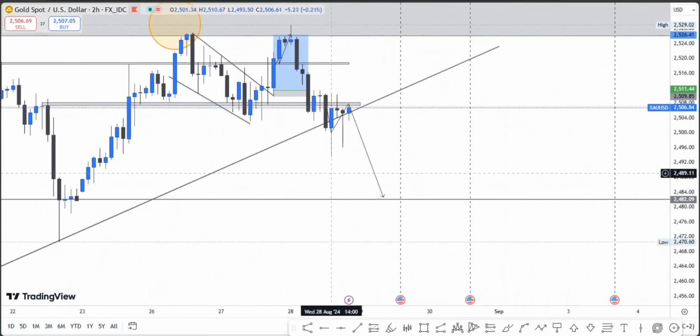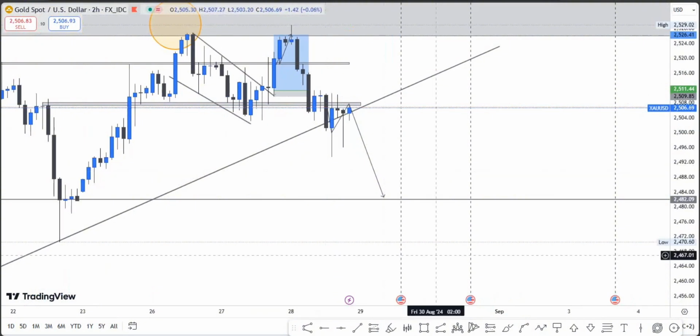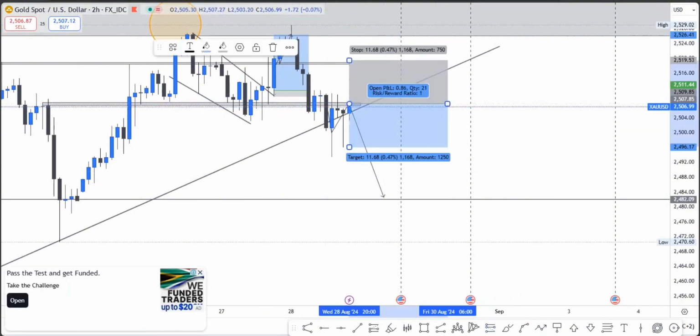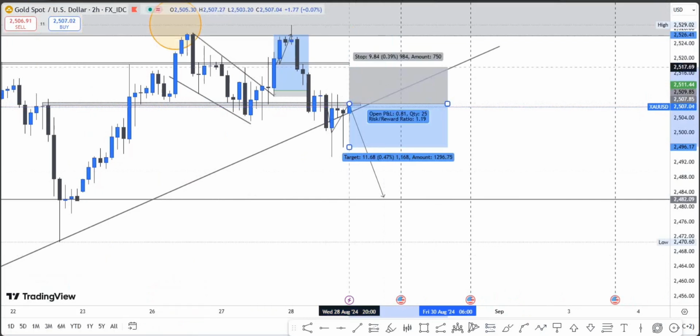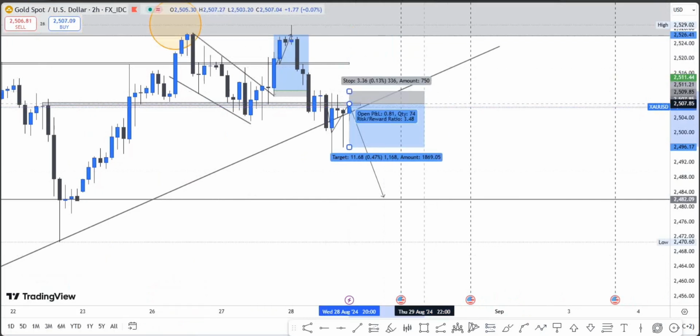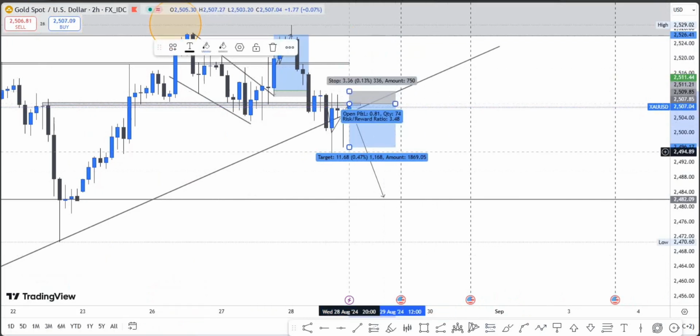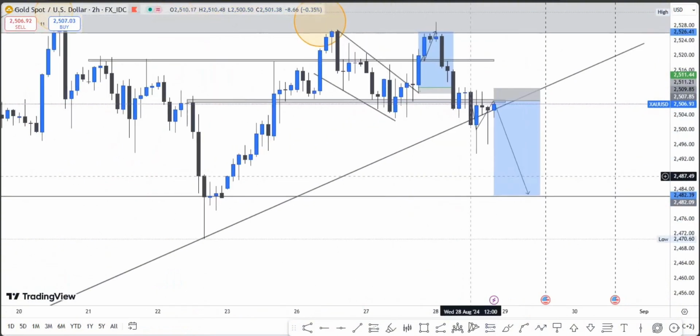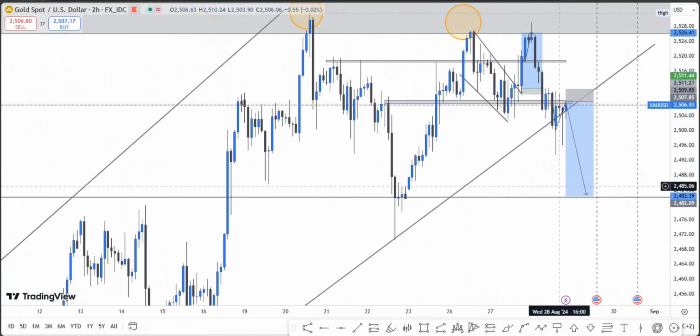So at the current market price, we're looking out for selling opportunities to the downside. We believe the market has to drop at a certain point from where the current market is. We believe the market has to drop and come to this certain point here, as this is our nearest zone.